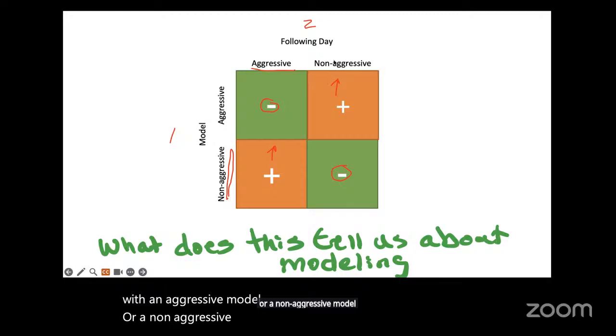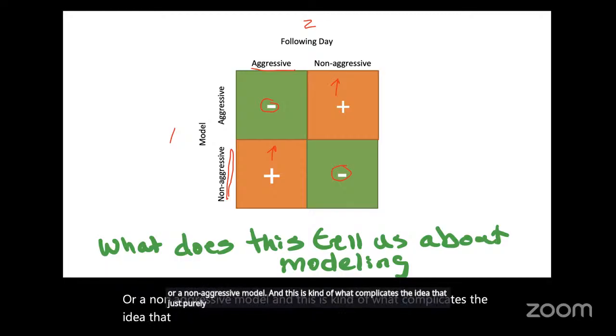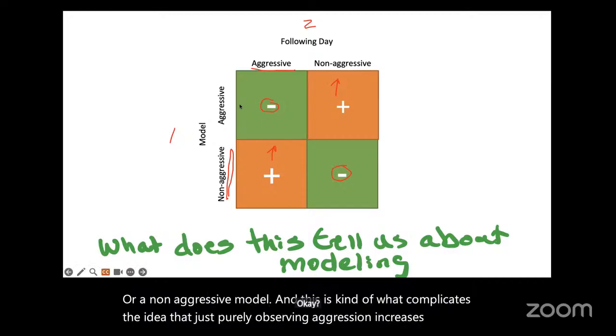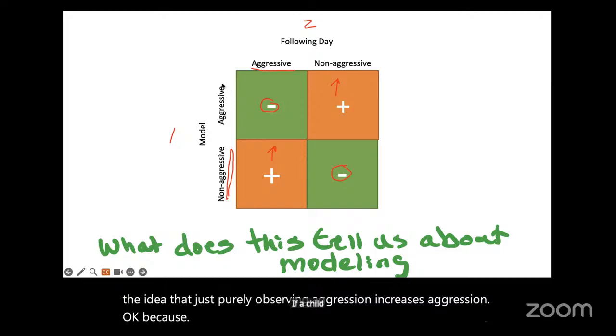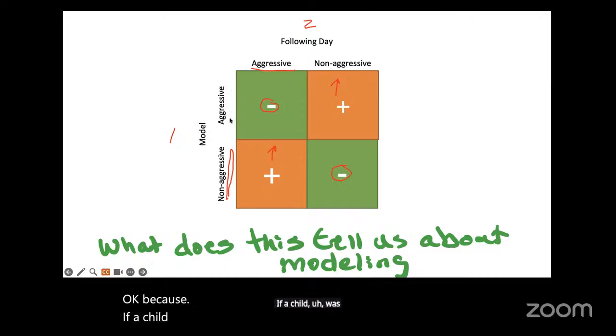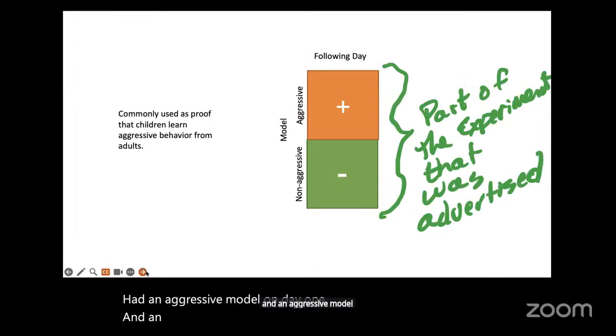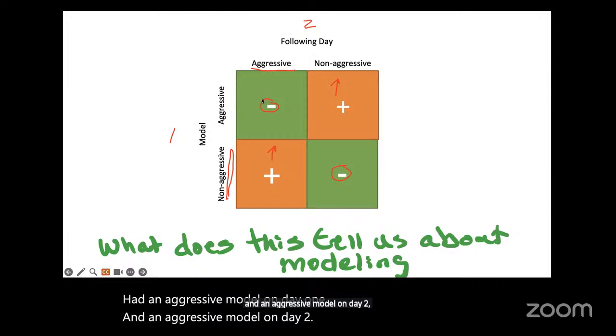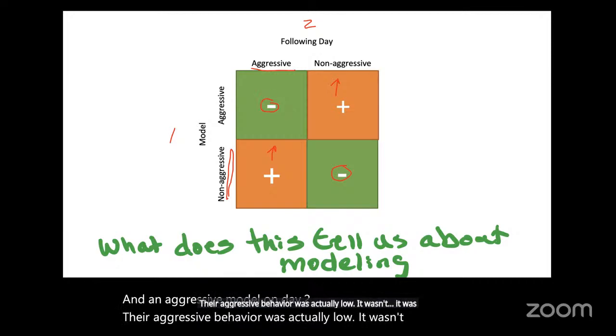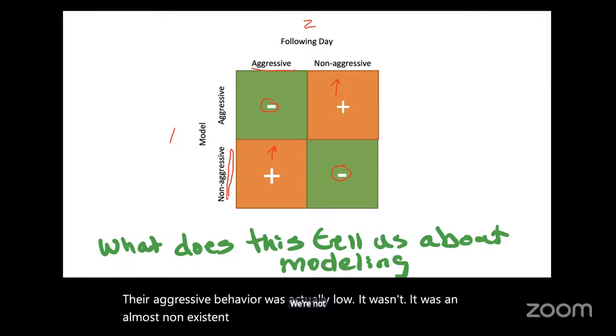And this is kind of what complicates the idea that just purely observing aggression increases aggression. Because if a child had an aggressive model on day one and an aggressive model on day two, their aggressive behavior was actually low. It was almost non-existent. They were not aggressive at all.